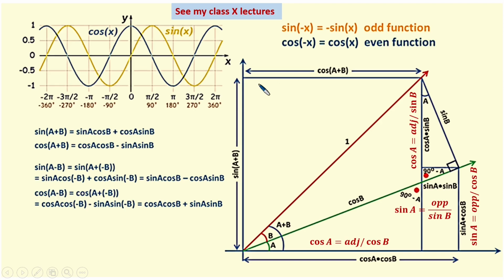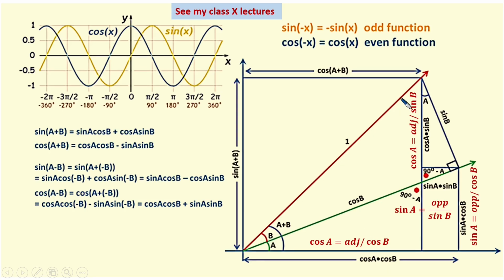And similarly, this cos of A plus B will be your cos A dot cos B. This is the one, and this one you subtract because this is cos of A plus B. From here to this point here, the projection of this point on the x-axis is cos of A plus B. So cos of A plus B is cos A dot cos B minus sine A times sine B. So how do you get these values which I have shown here?